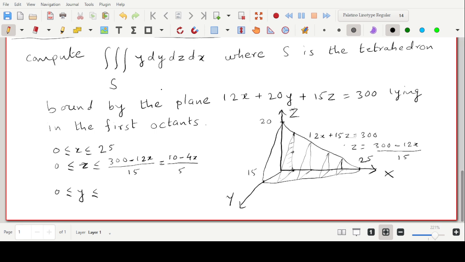It's arithmetically very easy. Just solve for y using this equation. It will be 300 minus 15z minus 12x over 20.